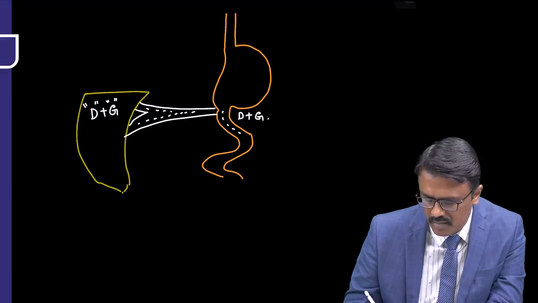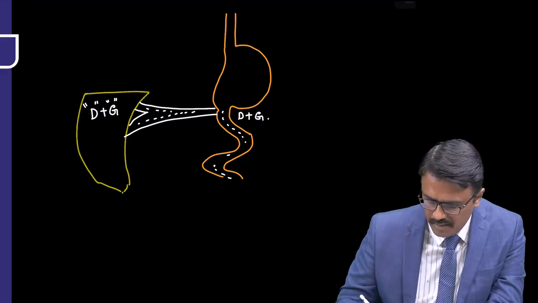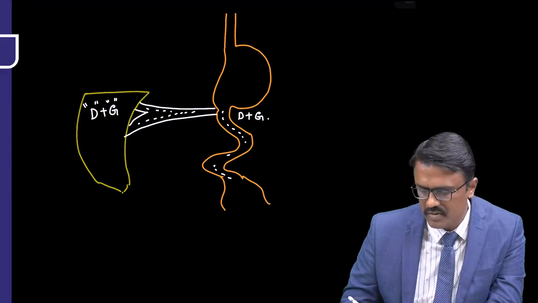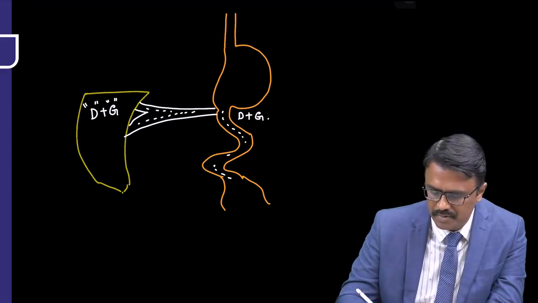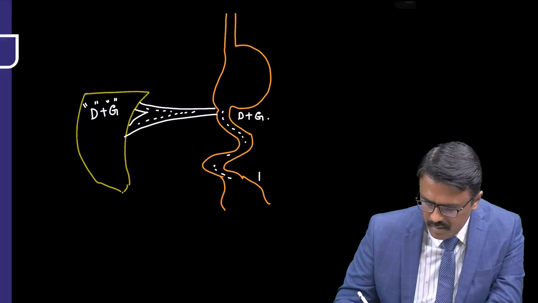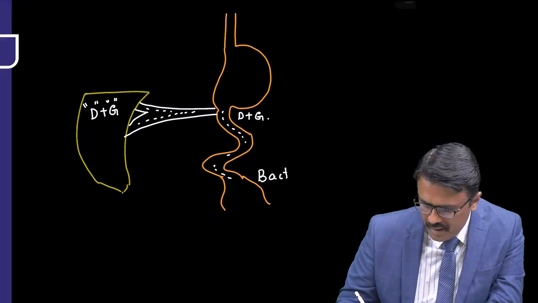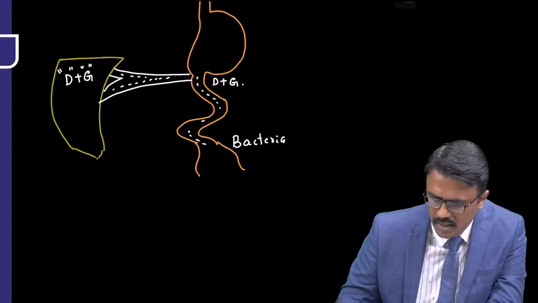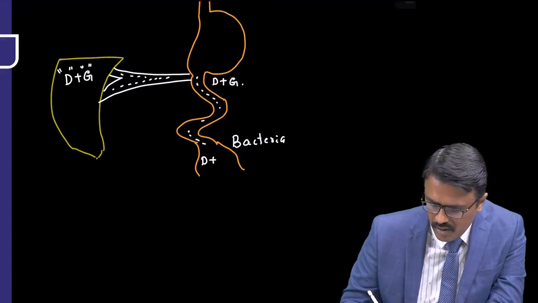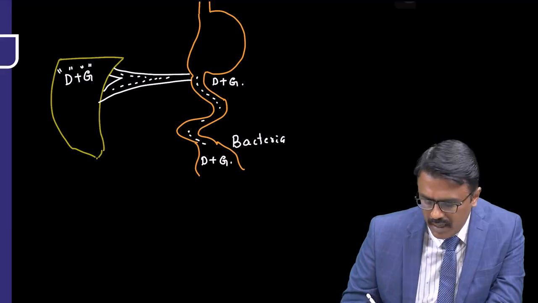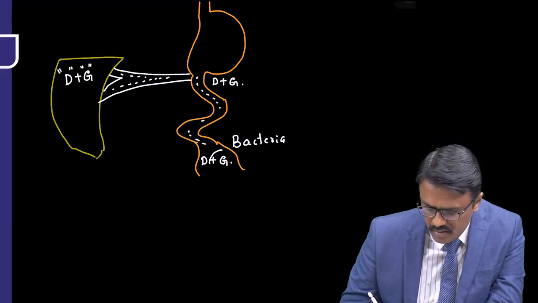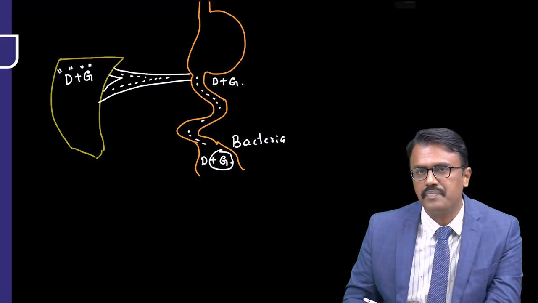So these will come in the feces. Now when they come in the intestine, I just enlarge that to tell you. In the intestine there are bacteria. So what happens when the drug and glucuronide come in the intestine? The bacteria can remove this glucuronide.